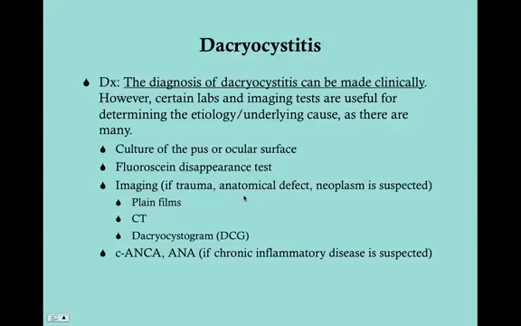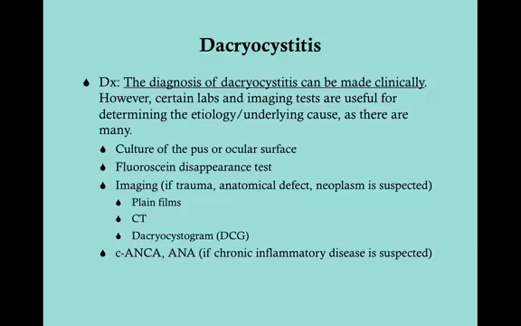All right. So the diagnosis of dacryocystitis can be made clinically, especially if you're able to express that pus. That's a very obvious sign that you've got an infection going on. But it can be made clinically. However, certain labs and imaging tests are useful for determining the etiology or underlying cause, since there are several possible causes of dacryocystitis.